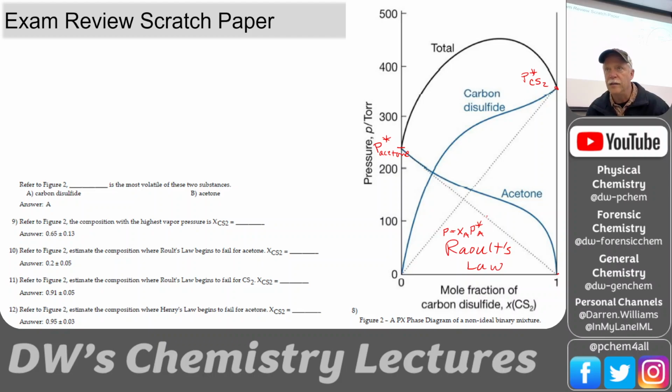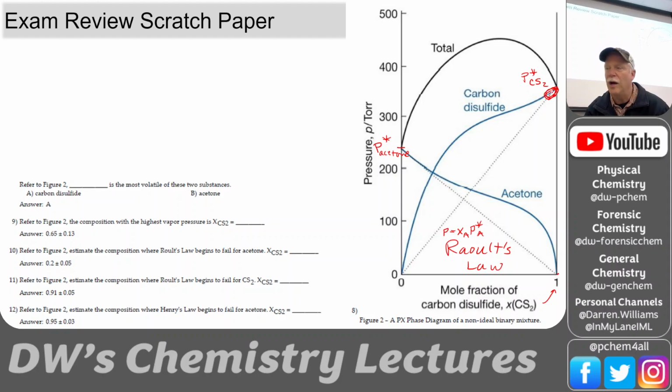And it applies to, I'll just use my phrase, dirty solvents. So if this is carbon disulfide, and over here this is pure carbon disulfide right there at 1, when it's 0.9 or 0.95, it's dirty carbon disulfide. And so with Raoult's law, you see the solid line and the dashed line merge right there.